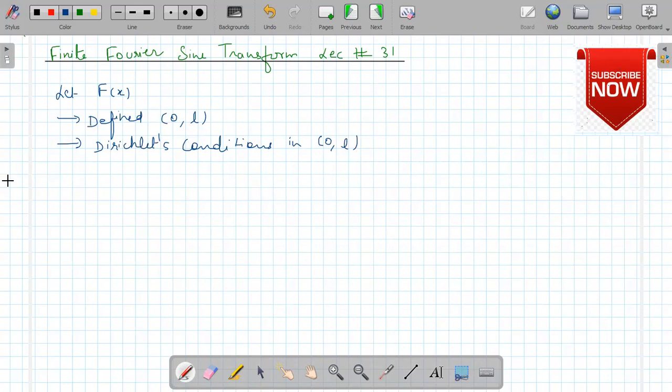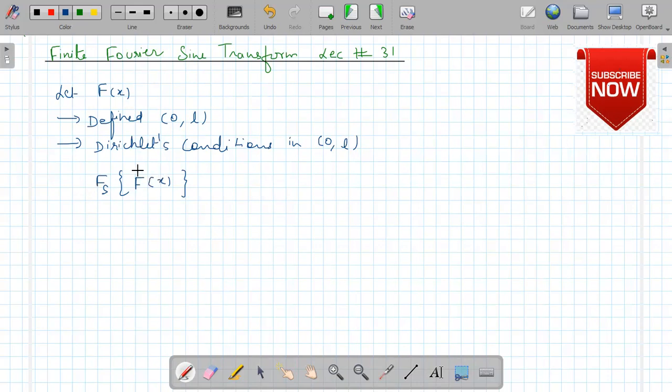we define the finite Fourier sine transform of the function f(x) in this interval, and we denote this by F_s of f(x). We always use the word finite before Fourier sine transform whenever we talk about the finite Fourier sine transform. If we simply say Fourier sine transform, that means the infinite Fourier sine transform.